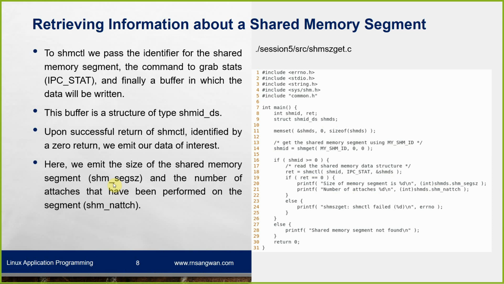Here we emit the size of the shared memory segment, which is defined by shm_segsz, that is segment size, the shared memory segment size. This is how you should read it. And the number of attaches performed on the segment is defined by shm_nattch, that is the number of attaches. These are two examples of the components which we will see in the structure. Obviously we are going to define and understand the structure, but yes, we are fetching these two details from the shared memory.